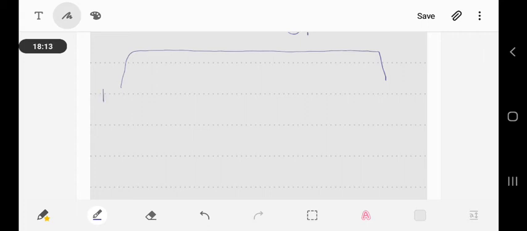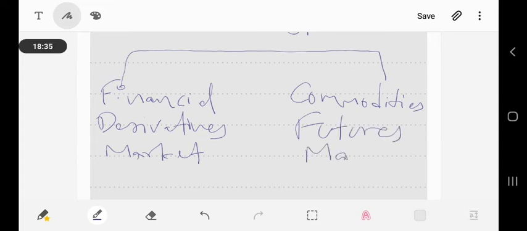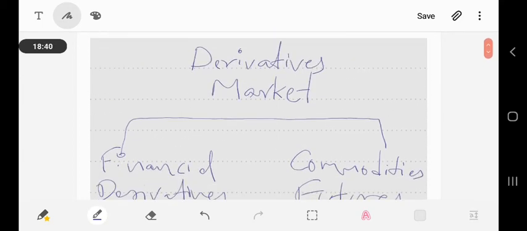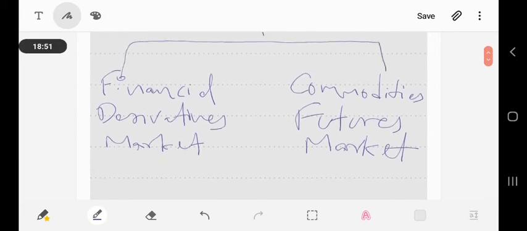Financial derivatives market and commodities futures market. The derivatives market in India is categorized into two: financial derivatives market and the commodity futures market.